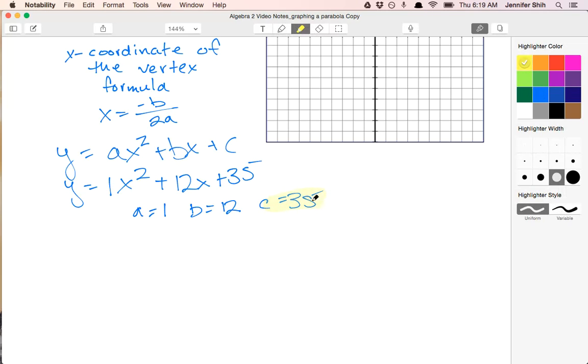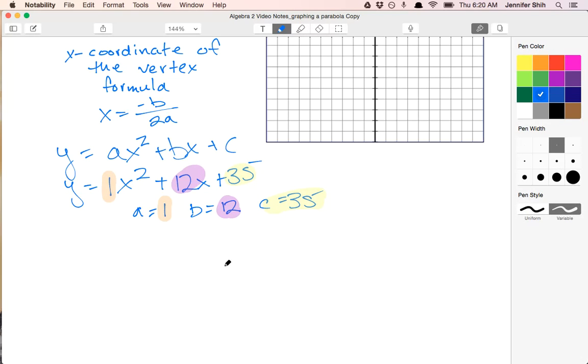So this is probably the last time that I'm going to do this, because you will need to know this. Notice it's not 12x. I'm just highlighting the 12. a is equal to, b is equal to, and c is equal to. You should be able to recognize that by now.